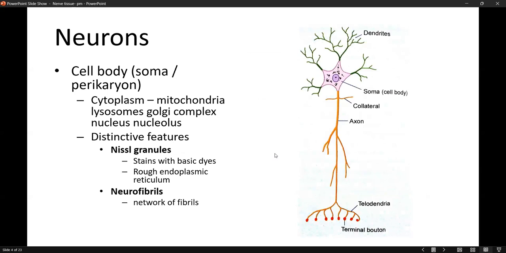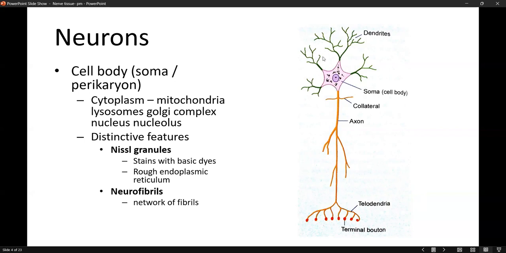So the neuron is the functional unit, as I mentioned, and it is made of a cell body which has a particular distinct feature from all the other three tissue types, which should be mentioned here. That is the Nissl granules, which make the neuron cell body quite distinct and which is a modified type of rough endoplasmic reticulum.